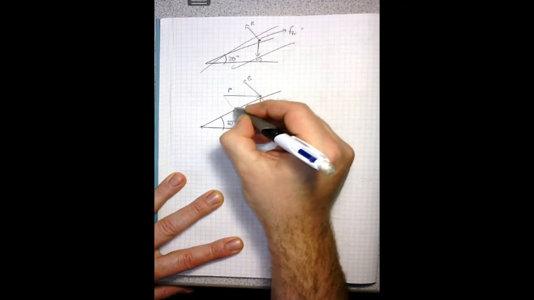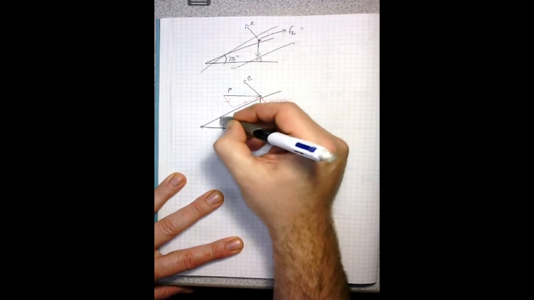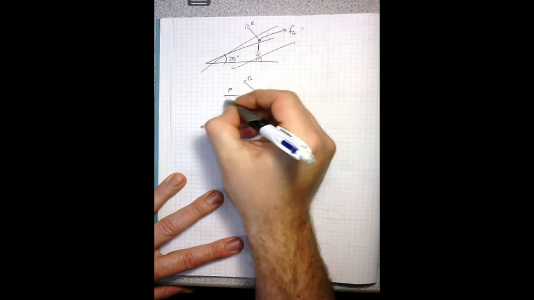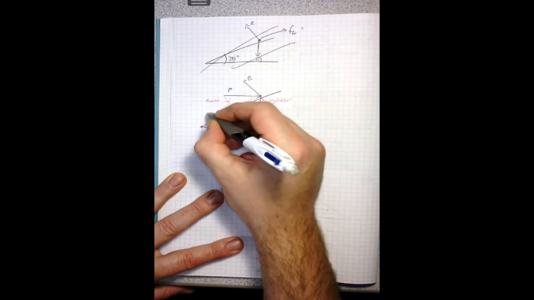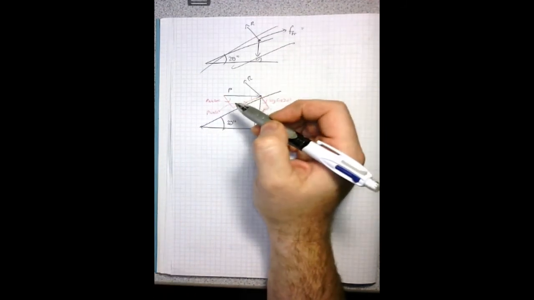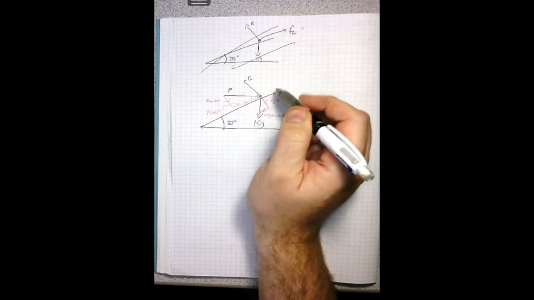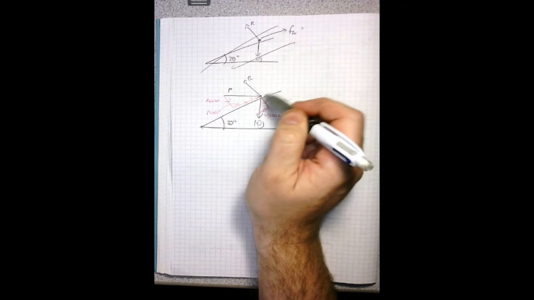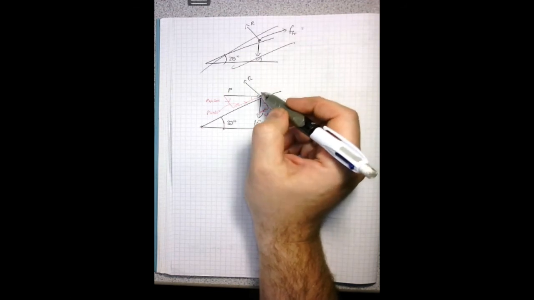P will go that way and that way, and remember 20 degrees is alternate to that, so P sine 20, P cos 20. Now I'm not told in which direction I'm about to slide, and of course I need to know that to be able to put my friction in the right direction. The question's saying what's the maximum possible value of P?